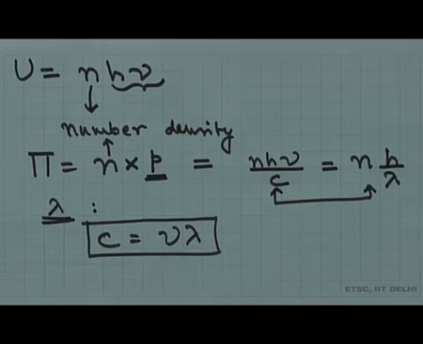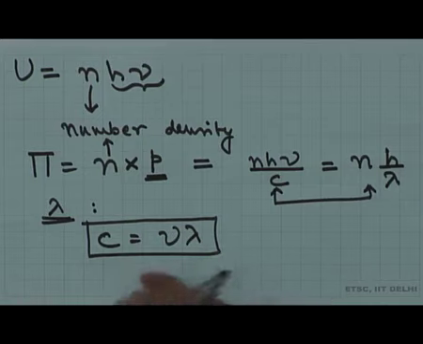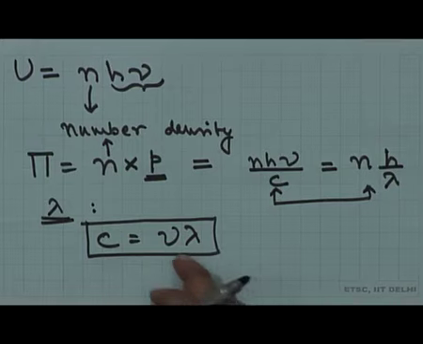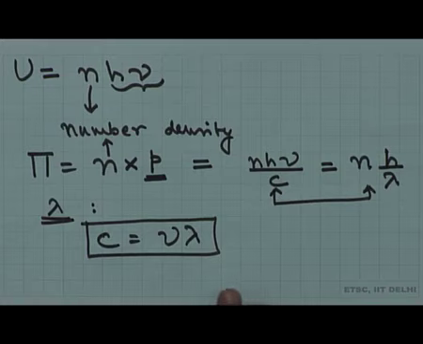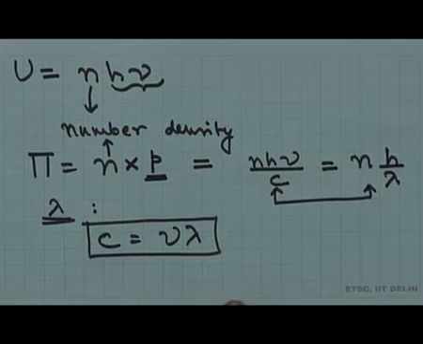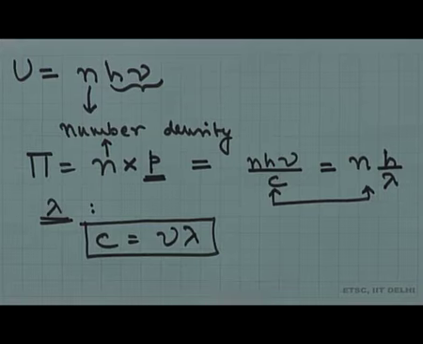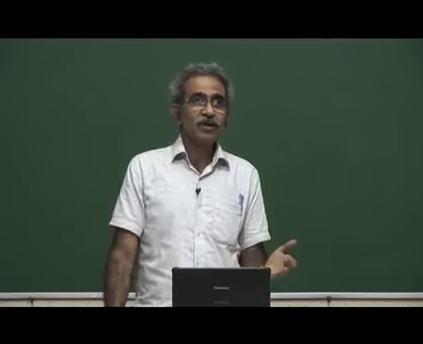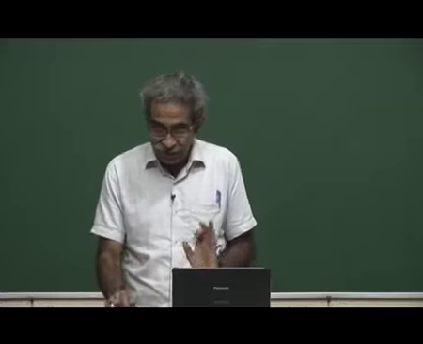So when it comes to the concept of a photon, it is in complete consonance, in complete agreement with the natural notion of a wave, where the speed is the product of the frequency and the wavelength. So it is some kind of a self-consistent picture. It is a self-consistent picture insofar as this equation is concerned, but it is really not self-consistent from the viewpoint of fundamental physics, because without any care we are mixing up concepts of waves and concepts of particles in order to get these relations.